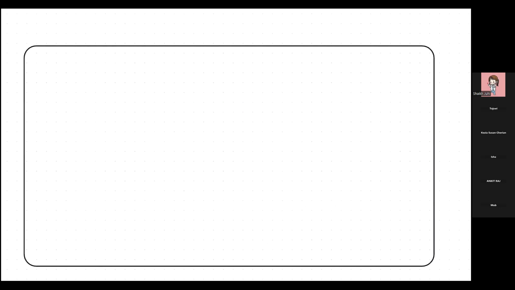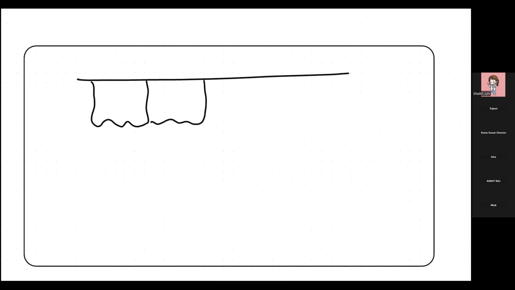We'll just make the hepatocytes over here.